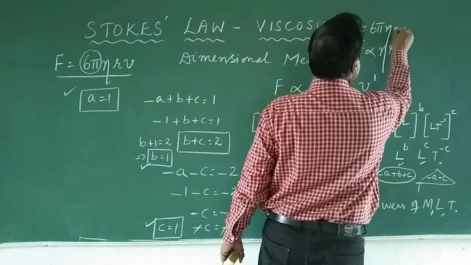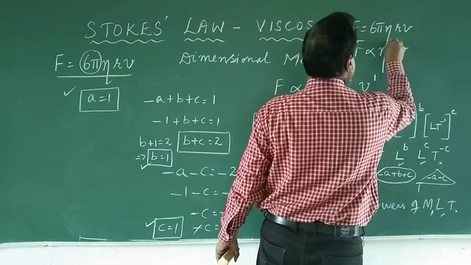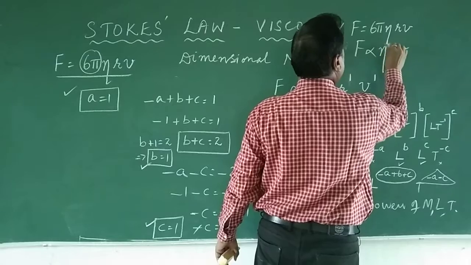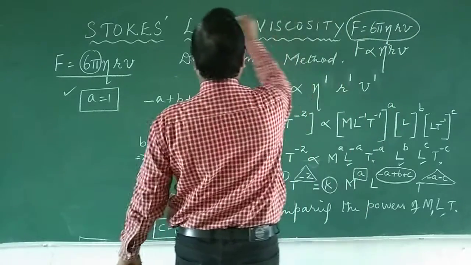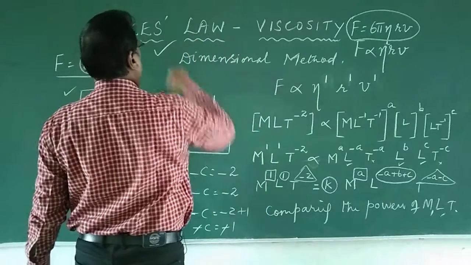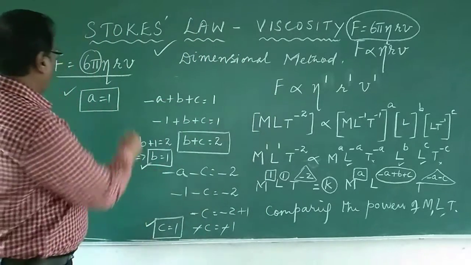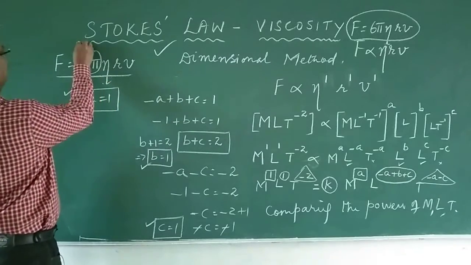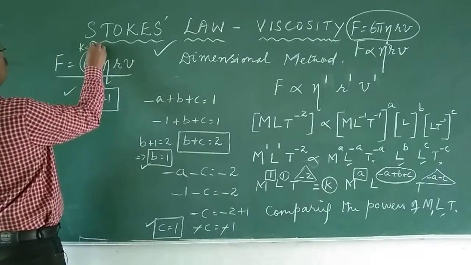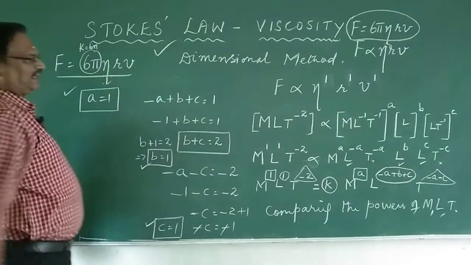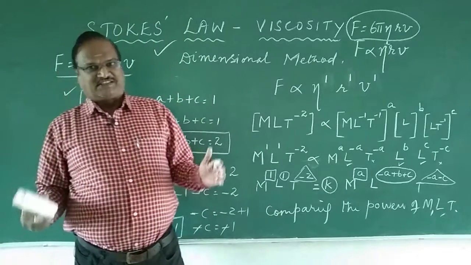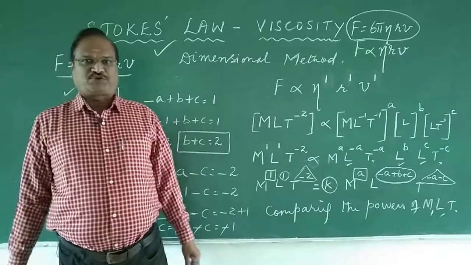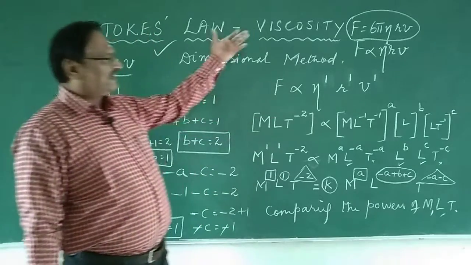So the formula is F equals 6 pi eta R V. This is the formula we wanted, and this is called Stokes Law. We derived that equation by using the dimensional approach. I hope, dear students, you understand this.